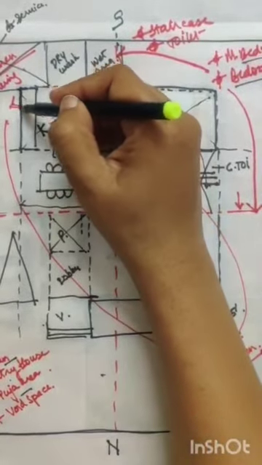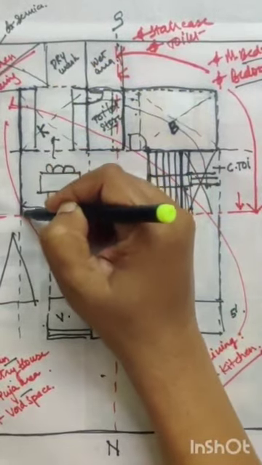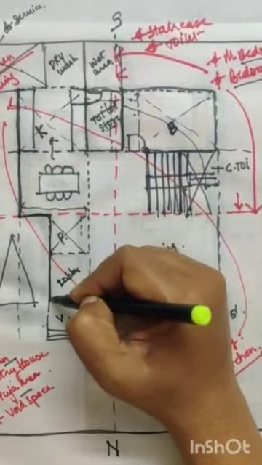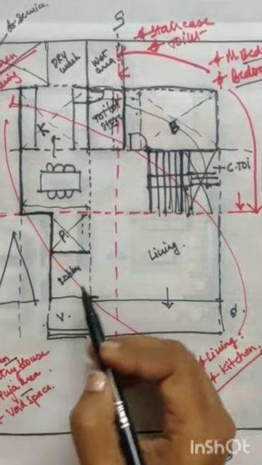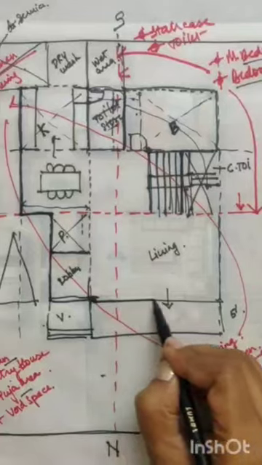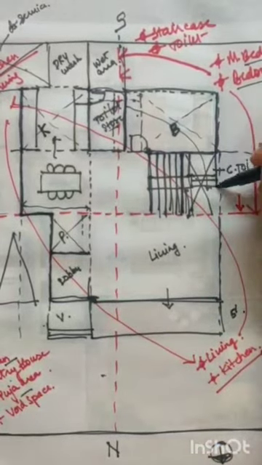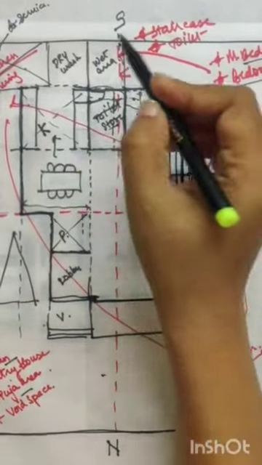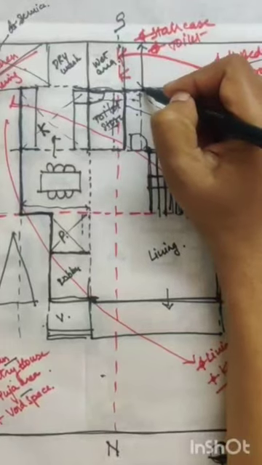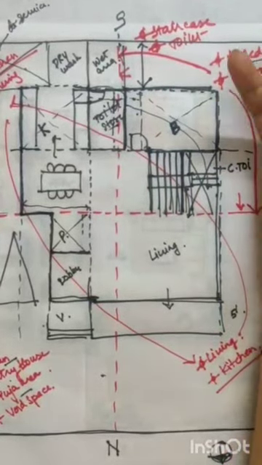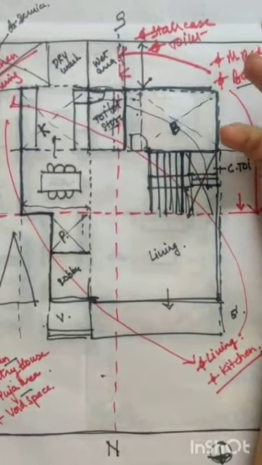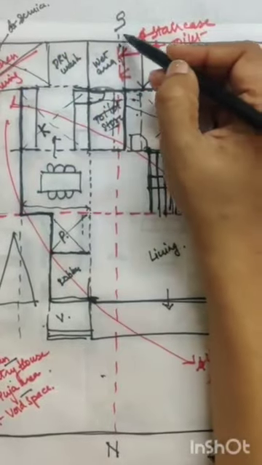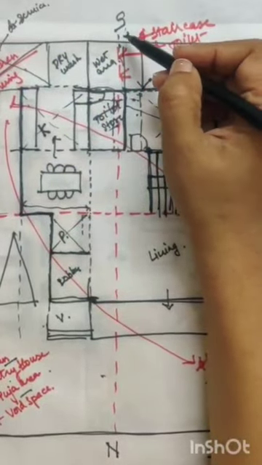But the main structure is what I'm showing you in the black bold line. These are the marginal areas where we are not really supposed to build anything, but a temporary thing can be accommodated. So all this is a temporary thing.